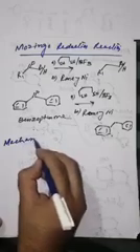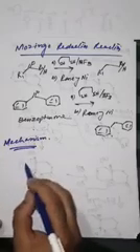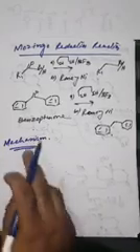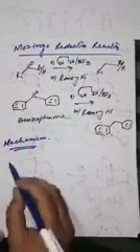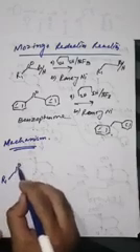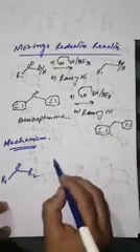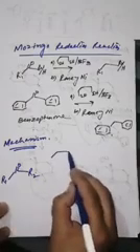Now what is the mechanism of the Mozingo reduction? Mechanism. I will replace these two phenyl groups with R1 and R2. Now what happens in the first step?